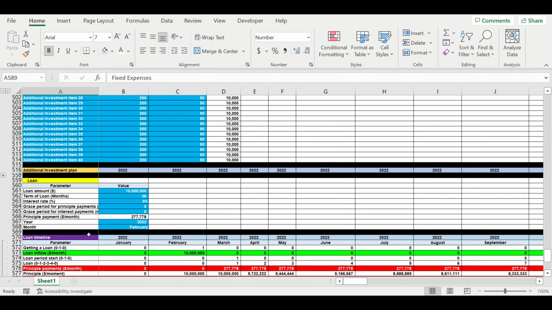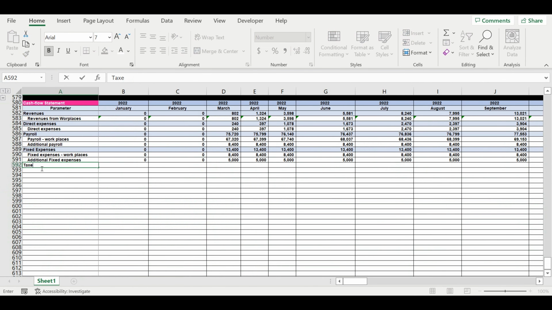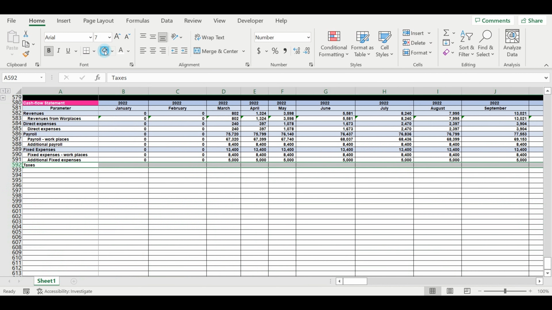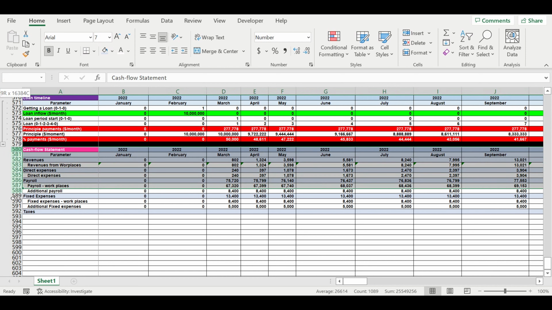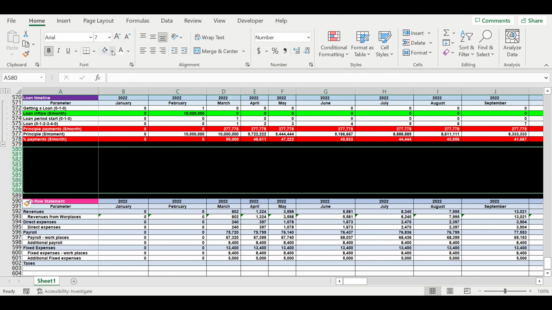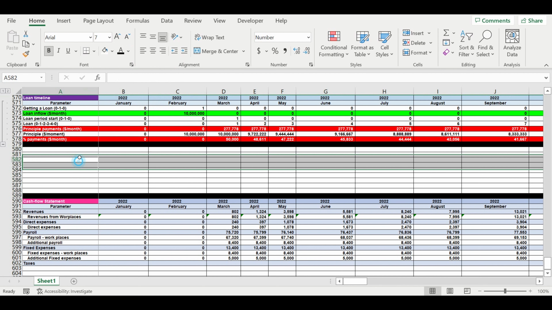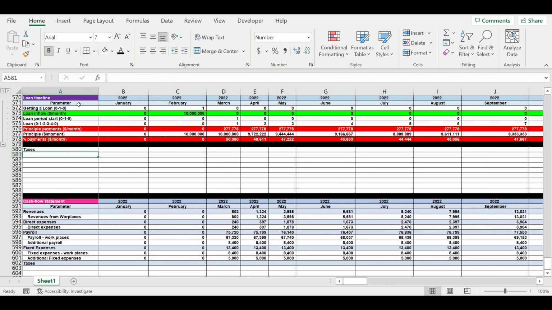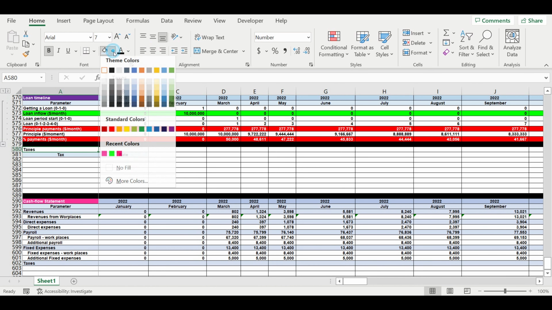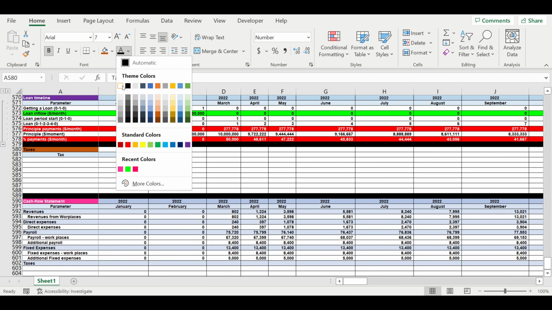Now I will move to taxes. I will create a block for cash for taxes here on the top. So taxes, tax rate.